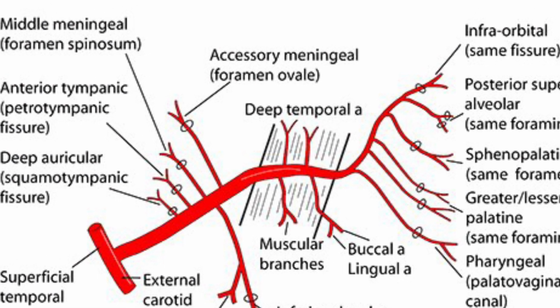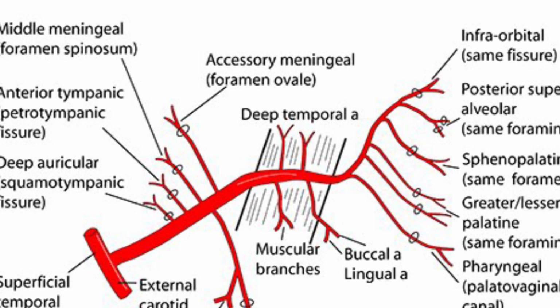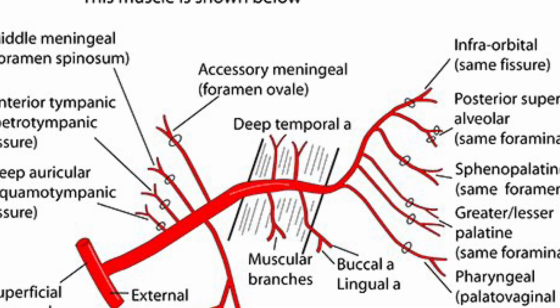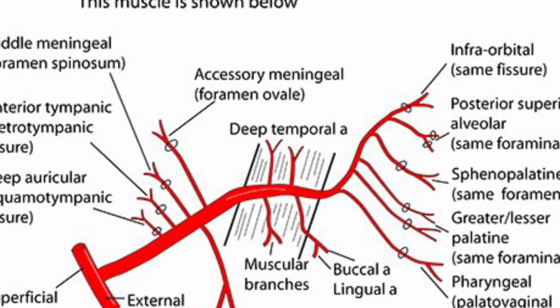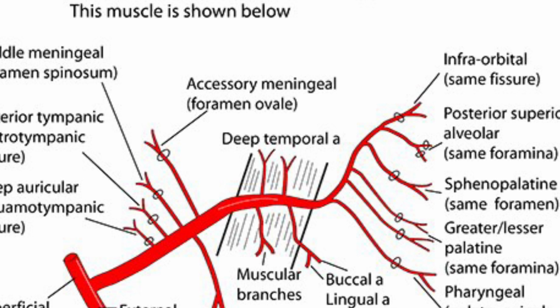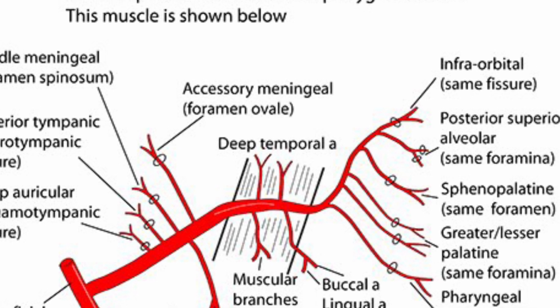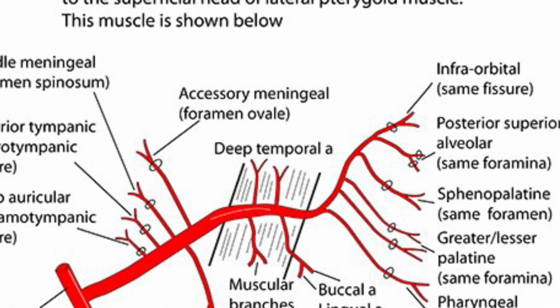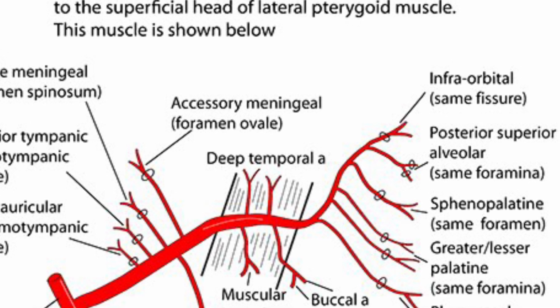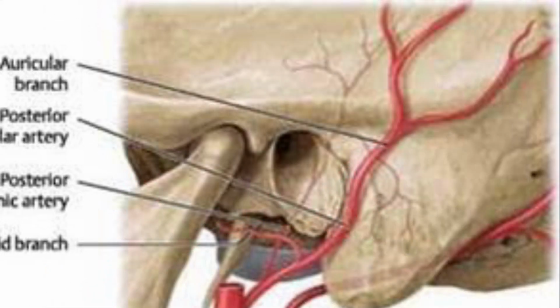Now the blood supply of the tympanic membrane. There are three arteries. You can see first the anterior tympanic artery going through the petrotympanic fissure, and the deep auricular artery going through the squamotympanic fissure into the middle ear cavity and supplying the tympanic membrane. Both the anterior tympanic and deep auricular arteries are branches of the first segment of the internal maxillary artery.